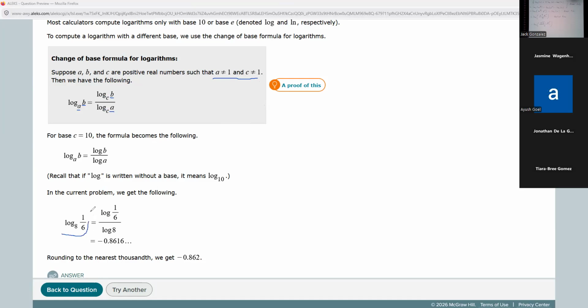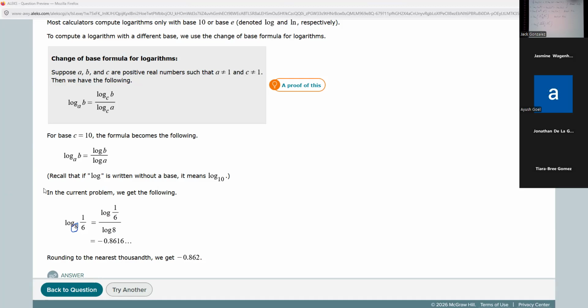So check it out. I have log base 8 of 1/6. I could change it into log 10. This is a 10. So they chose the common log. They put the A right there. They put the B right there. And then they put it into a calculator. That's all they did. Because the calculator has base 10 and base E. Unless you have a nice fancy calculator, they don't have a base 8.